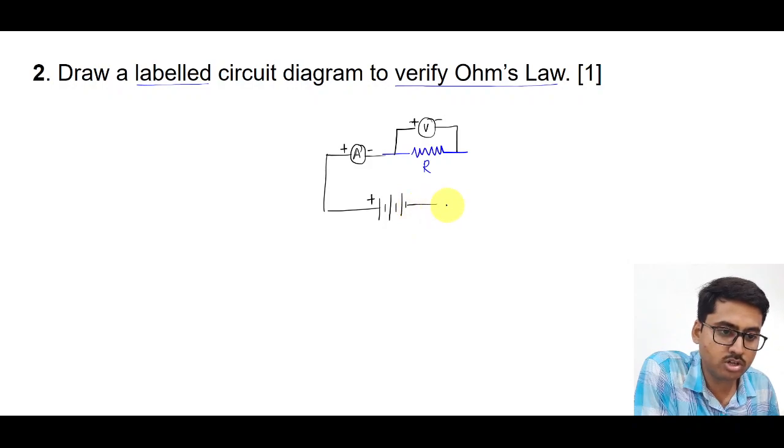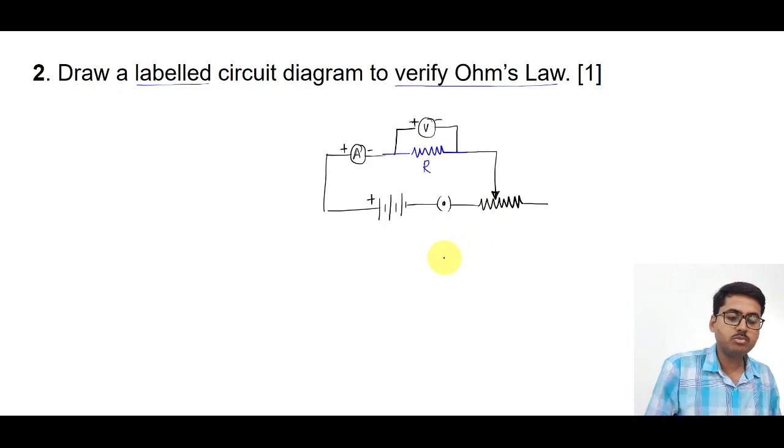In order to control the circuit, we also need a plug key or a switch, and the most important thing in this circuit is the rheostat or the variable resistor. Since we have to take more than one reading, we need to vary the current in the circuit by using the variable resistor or rheostat.